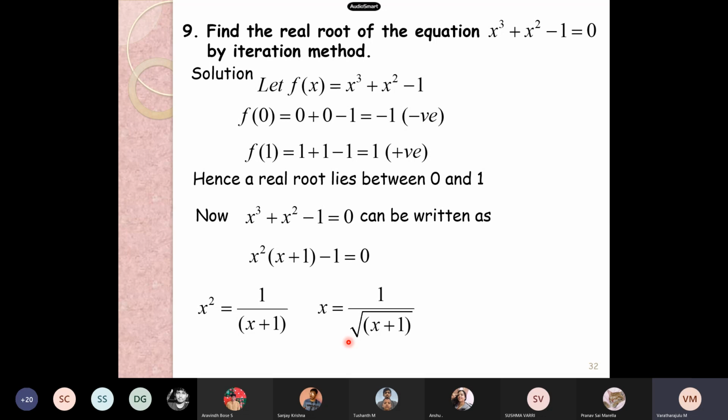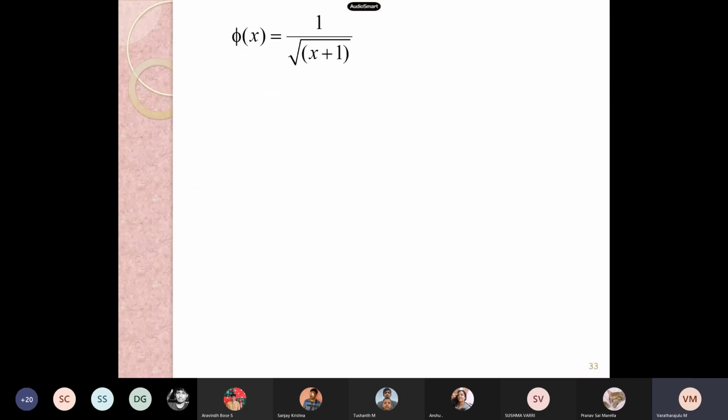By taking square root on both sides, we get x is equal to 1 by root of x plus 1. So my pi of x is equal to 1 by root of x plus 1. And whether this reformation returns an appropriate result, that we need to find.